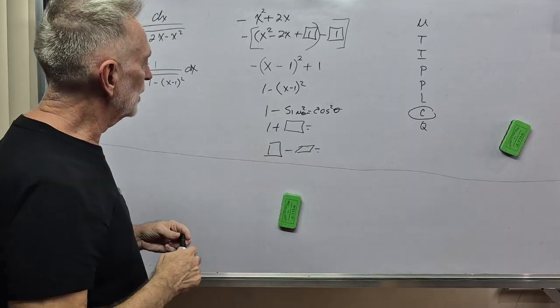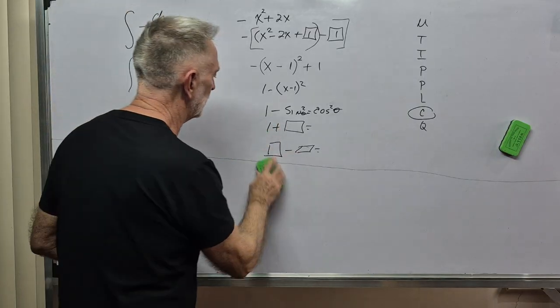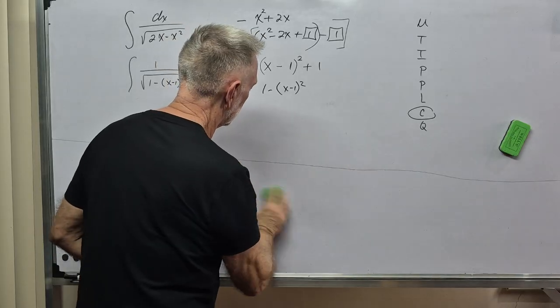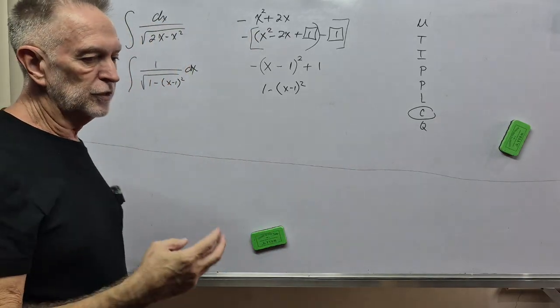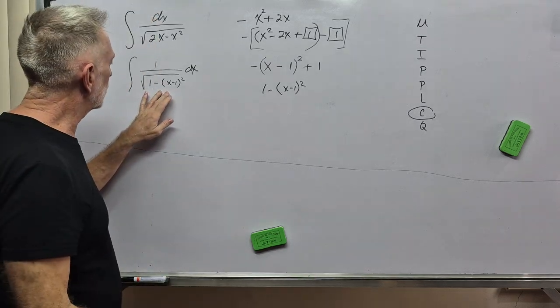So you can look at the shape or the form and get a feel for it, based on your trig identities of sine, cosine, tangent, secant, and that's what we're going to do here.